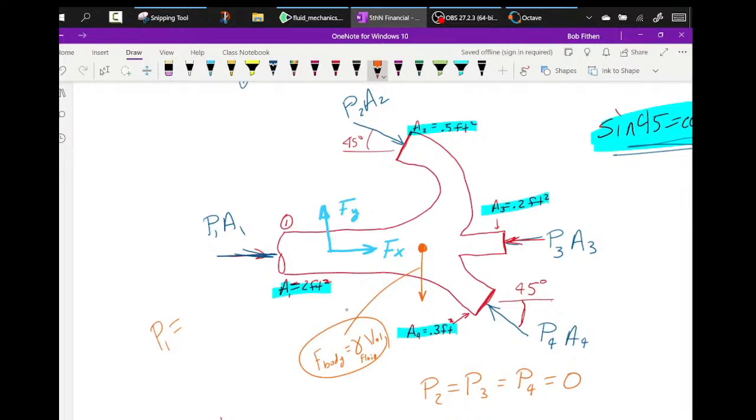So I don't know, 20 pounds. How about 2 pounds per square foot? So that's about 144, so that's 288 psi.